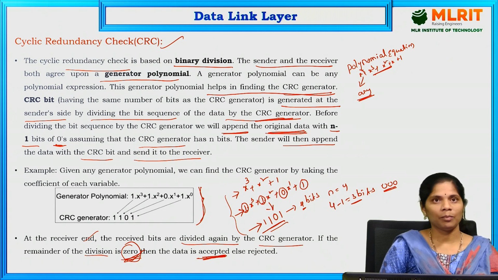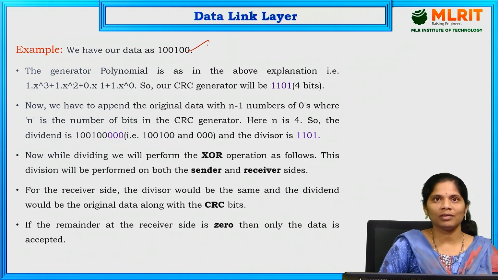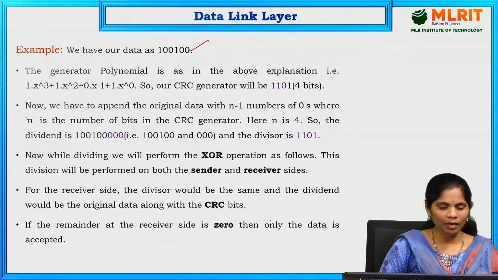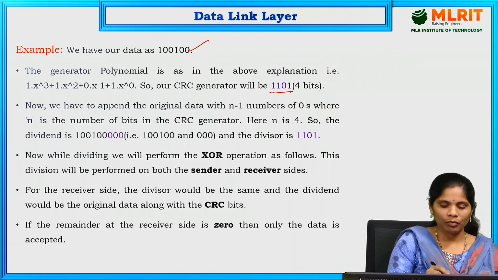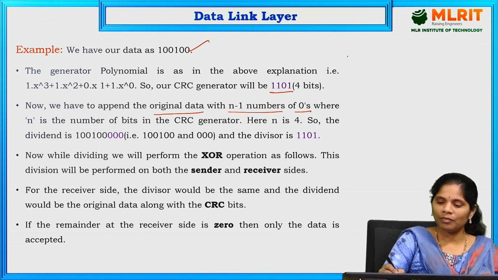See this example, you can understand easily. The original data is 100100. The polynomial we already discussed previously, here is 1101. That is the polynomial, so 1101, 4 bits. We have to append the original data with n-1 zeros.